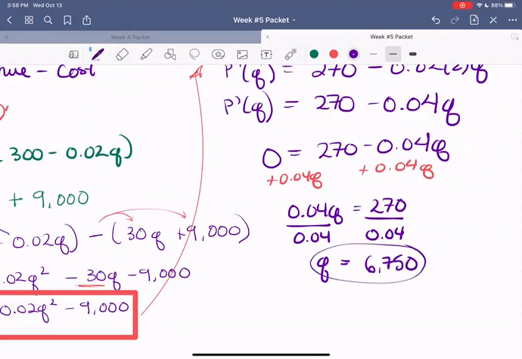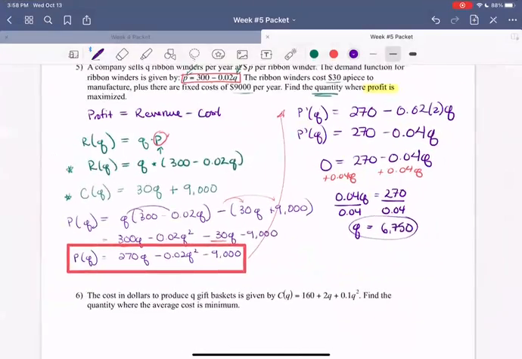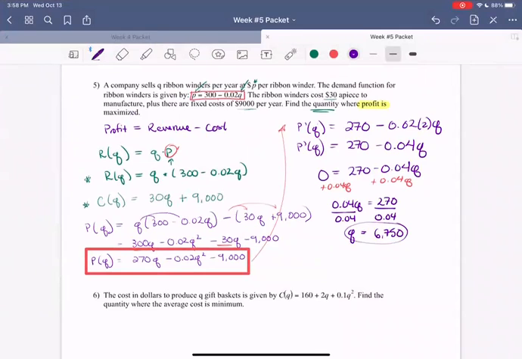All right, so that's my value, my quantity, that we are going to determine is actually our maximum. A couple ways we can do that. The way that we've been determining if a critical value is a max or a min is to find the second derivative. So we could do that, P double prime of Q. We just need to take the derivative of P prime. That's going to be 0 for the first term, and then just minus 0.04.